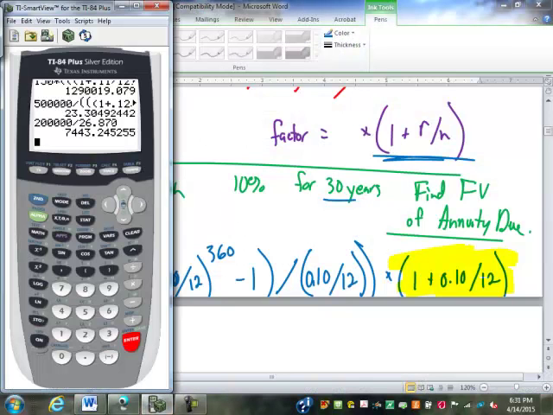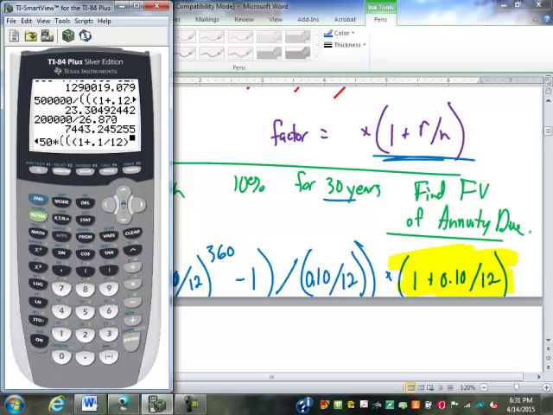So let's punch it in. 250 times open, 1 plus 0.10 divided by 12, close, power 360, minus 1, close, divided by open, 0.1 divided by 12, close, and close. Again, that would end the ordinary annuity part of it.